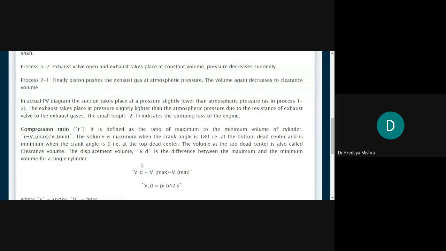So at the BDC we get the maximum value, and at the TDC we get the minimum value, and the ratio between the maximum value and minimum value is called the compression ratio.